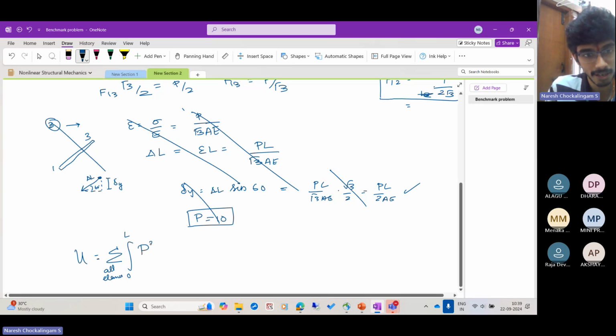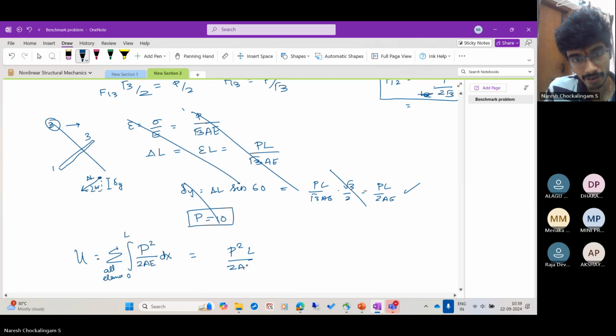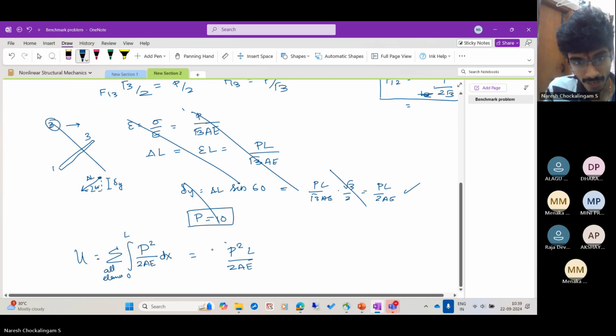All the elements have the same length, so it is just P square L by 2 AE summed over all elements.